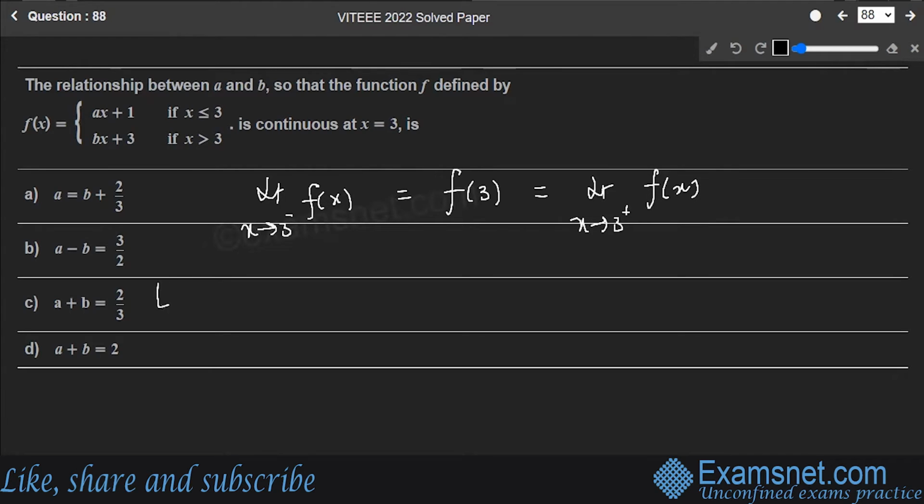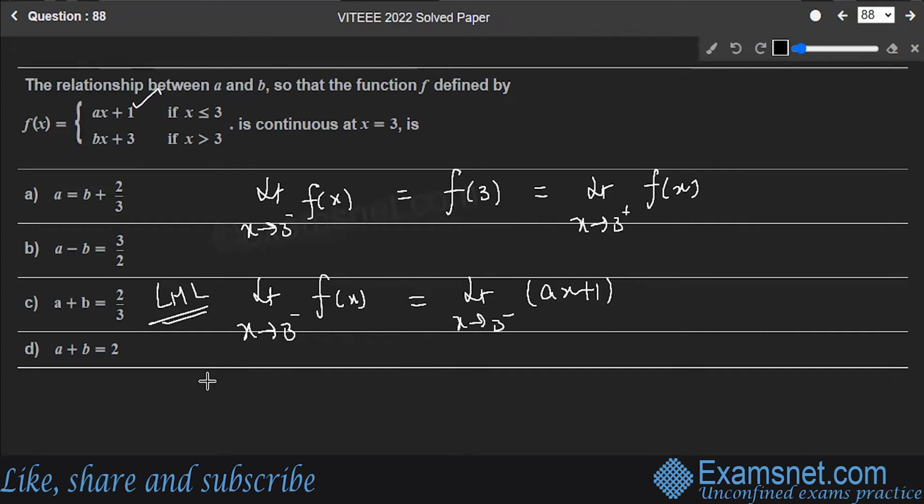Now let's go for the left hand limit, that is the limit as x approaches 3 minus of f(x). I'll take up ax + 1, putting x = 3 minus h, as x approaches 3 minus and h approaches 0.